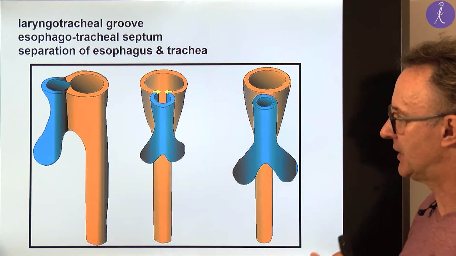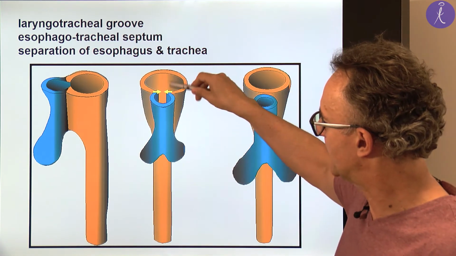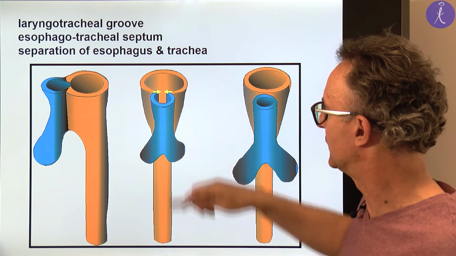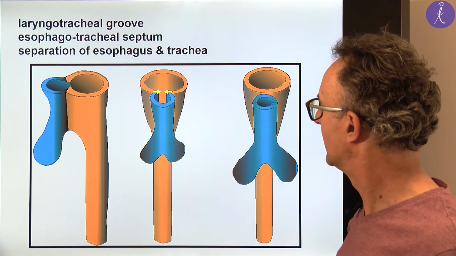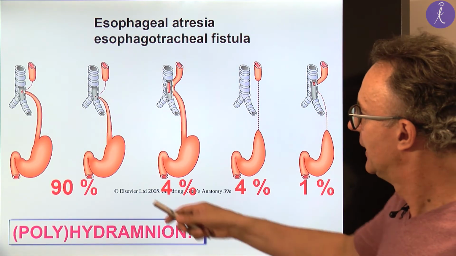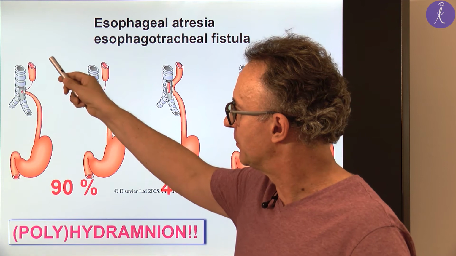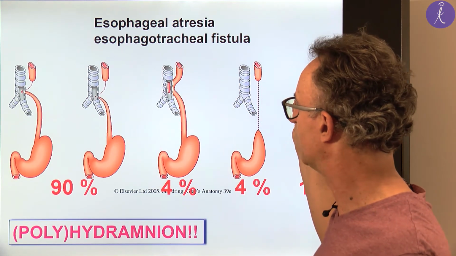But if this union fails, then we may have different types of communications between the two tubes, and this is quite a big problem later. If we have a blind-ended tube, this is called atresia. This is the most common malformation.